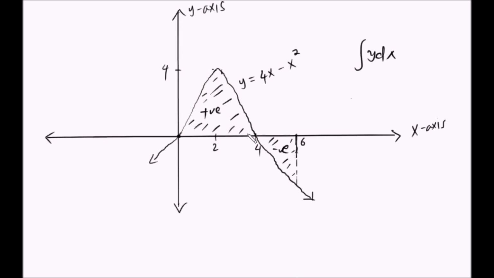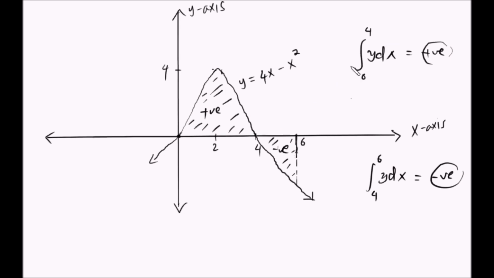Hapa inachotakiwa ufanye ni hivi. Utafute kwanza area hii hapa above the x-axis, ambayo itakuwa ni from 0 to 4. Then utafute area hii hapa below the x axis ambayo itakuwa ni from 4 to 6. So this is what utaona kwamba hapa utapata positive jibu kwa sababu ni above the x axis, lakini hapa chini utapata jibu negative kwa sababu ni below the x axis.